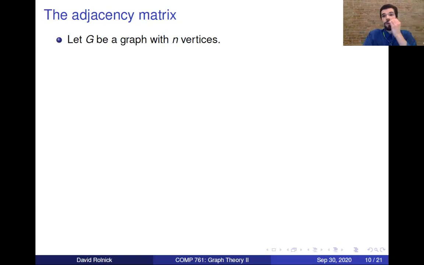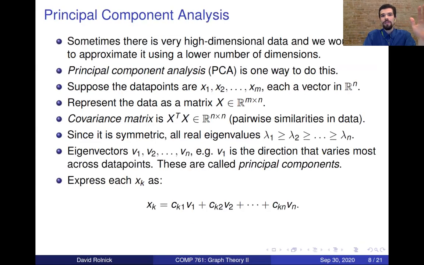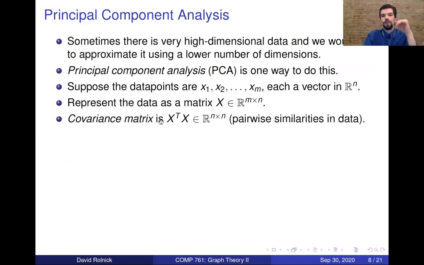Yes, sorry. So let me just say in words what's going on with PCA. In PCA, you can represent the data as a matrix, an n by n matrix. And you look at the covariance matrix, which represents basically pairwise similarities in the data. That's just X transpose times X. I think the issue is with the transposes here. Sorry about that.